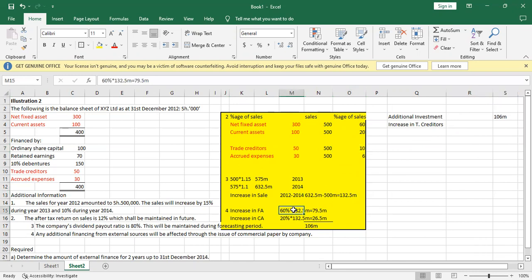This time I'm looking for 10%. So 10% of 132 giving me 13 point. Should I work it here now?